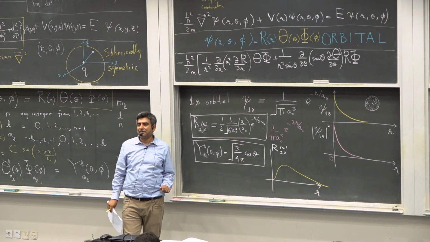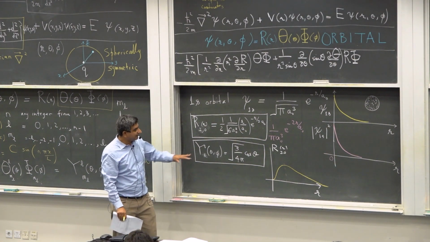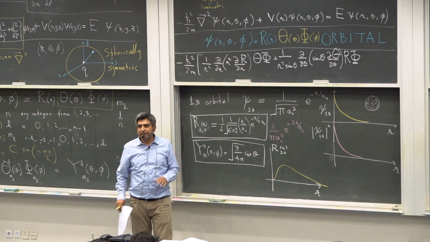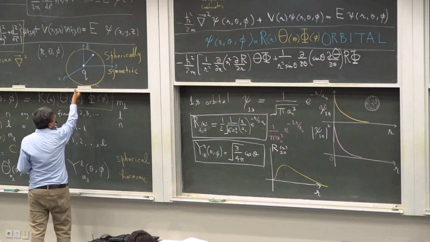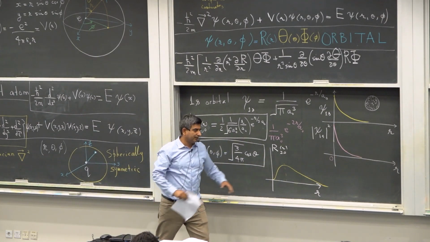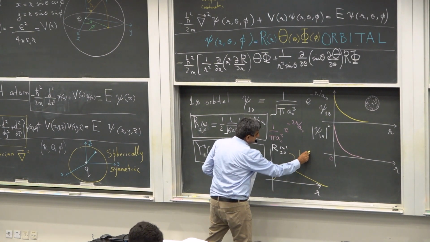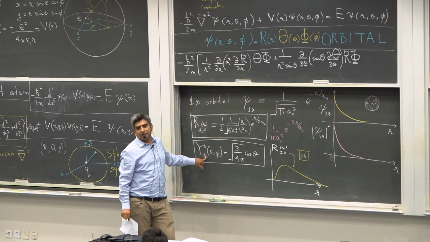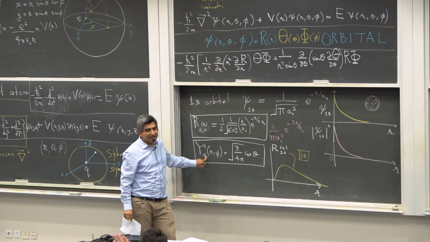Now this is a function of theta, so at best what I could do is the following. Let's try to plot this thing. I plotted the radial part for the 2s orbital. Now I'm going to plot the angular part for the 2s orbital. At least I'm going to make an effort.